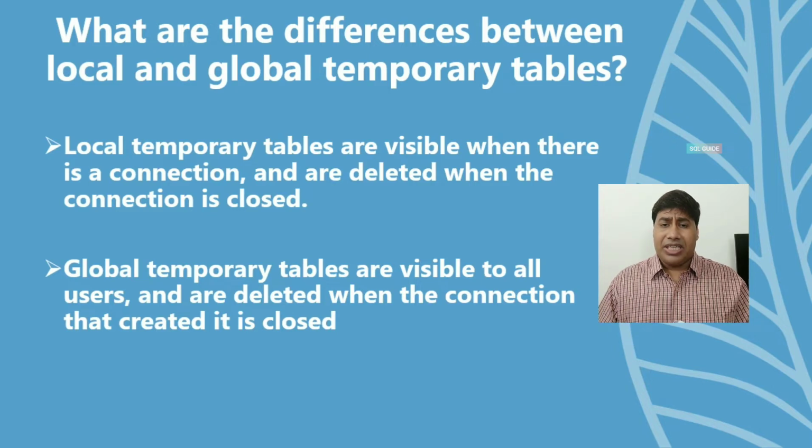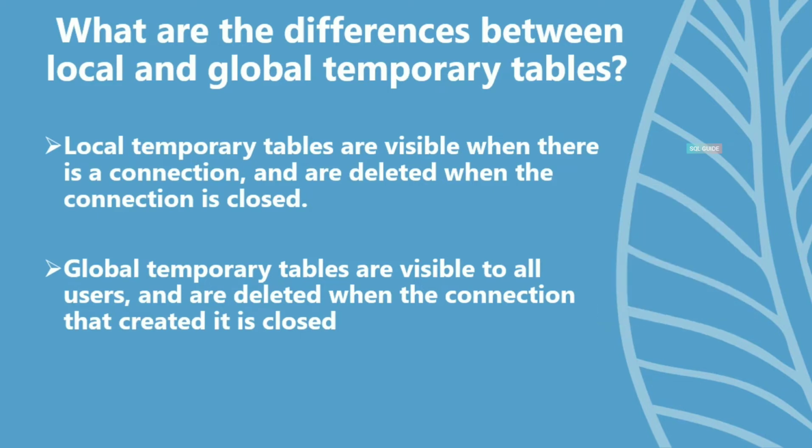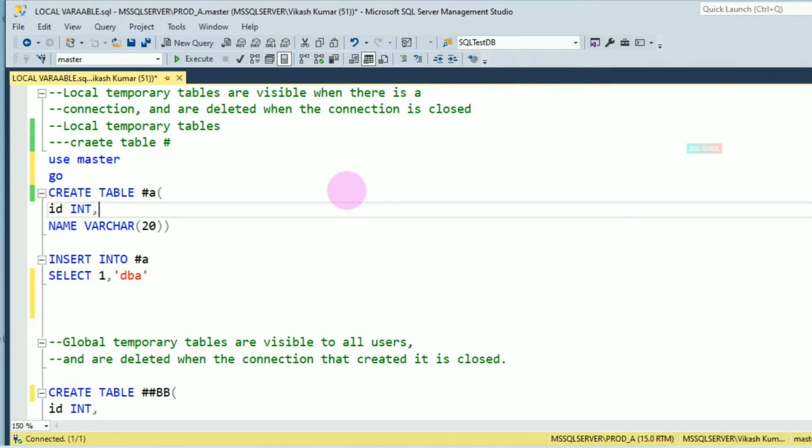Let's connect with SQL Server Management Studio to show you the difference between local and global temporary tables using T-SQL. A local temporary table you can create with a hash. I am creating table A, which is a local temporary table.